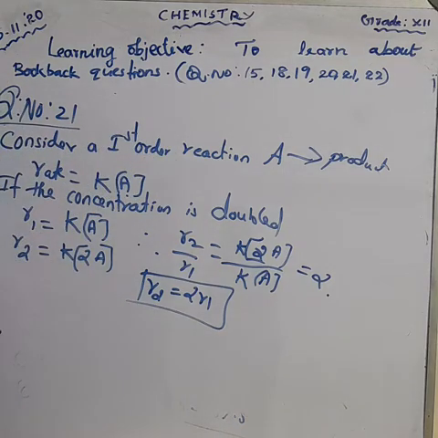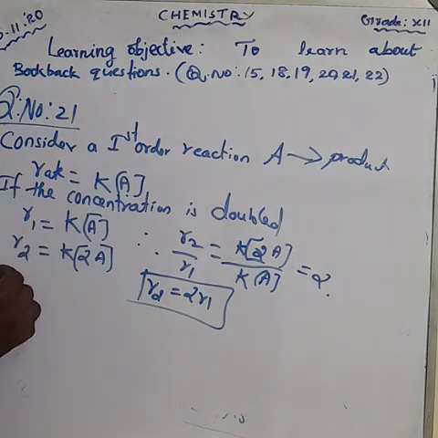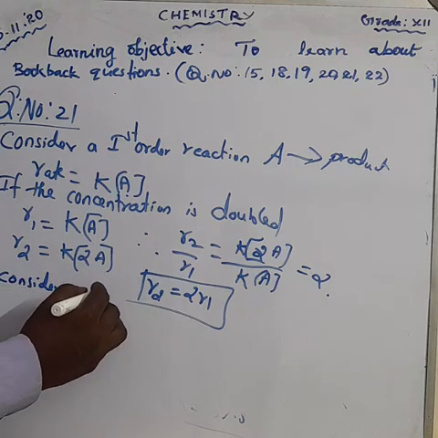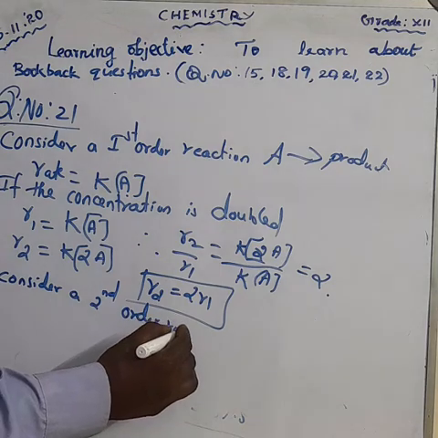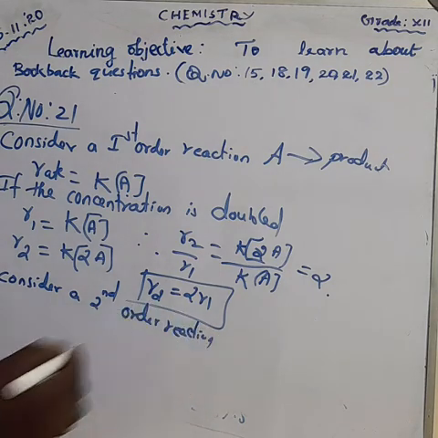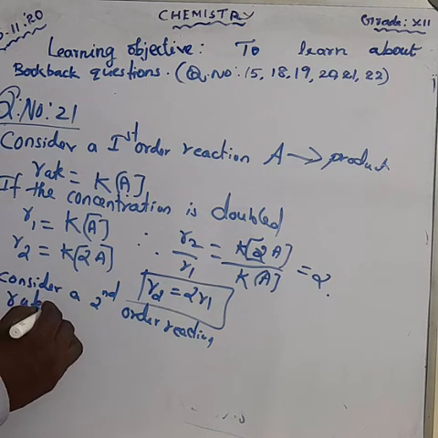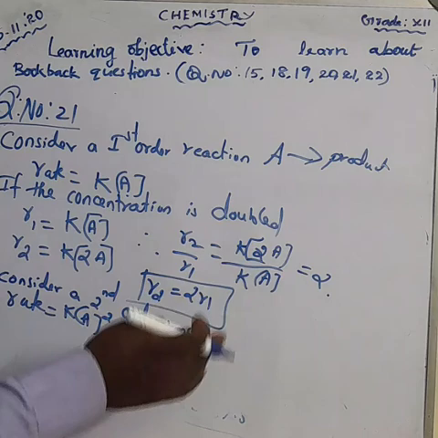Let us discuss the first order reaction. Now we can discuss the second order reaction. Consider a second order reaction. That is, rate is equal to K into A squared. 2 means what? Second order reaction.